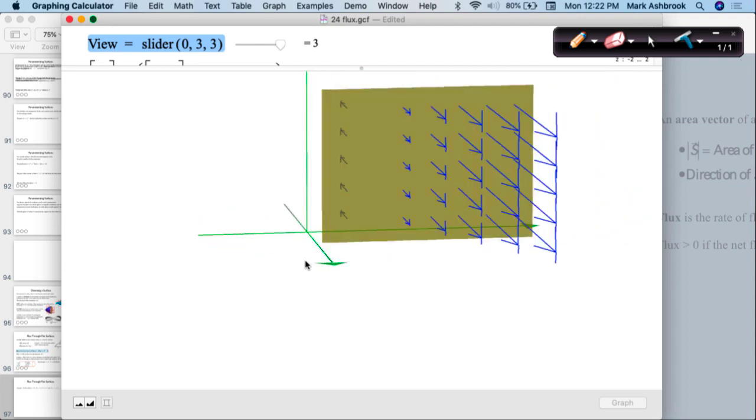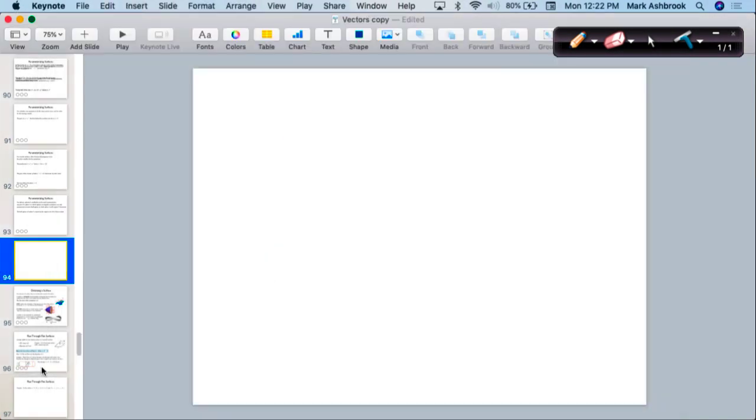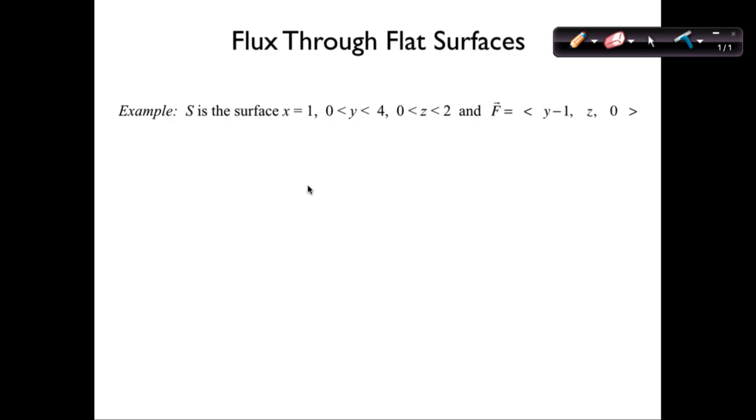Okay, any questions on understanding the problem here? Let's go back and do it. So, what do we need to do this? So what's different about this problem than the previous one?